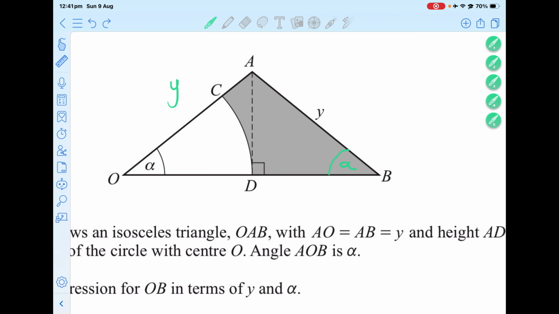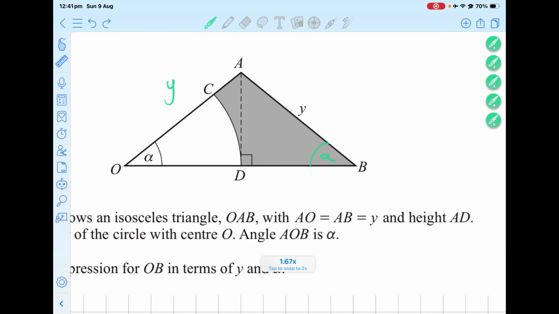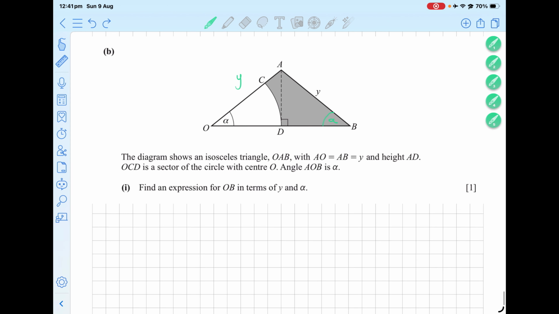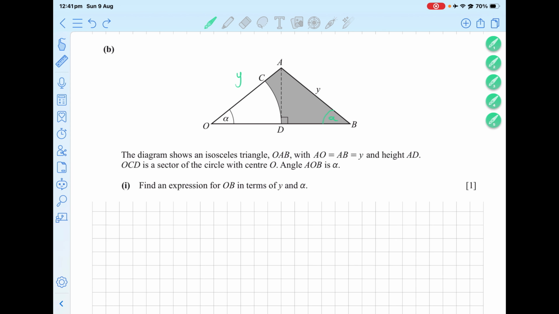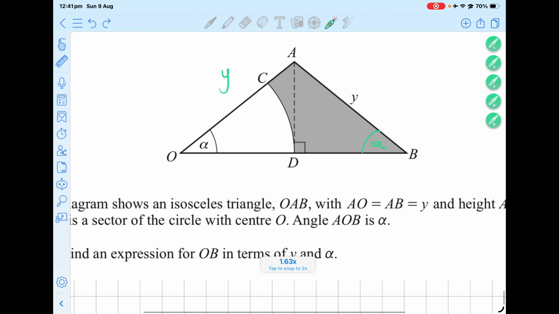The side, because I just found out that OD is literally one of the lengths of the triangle.